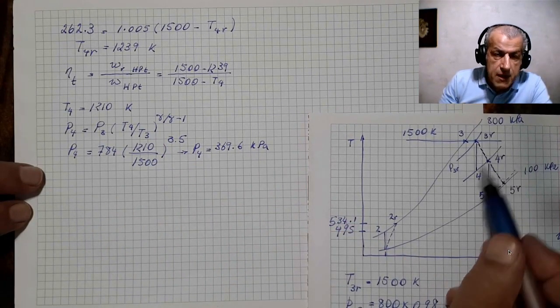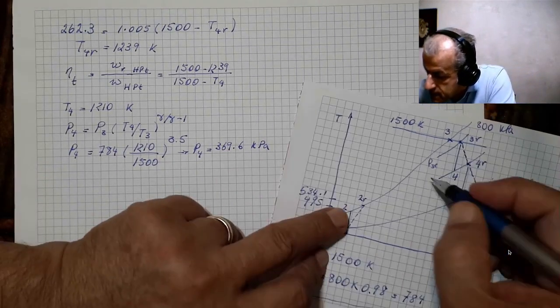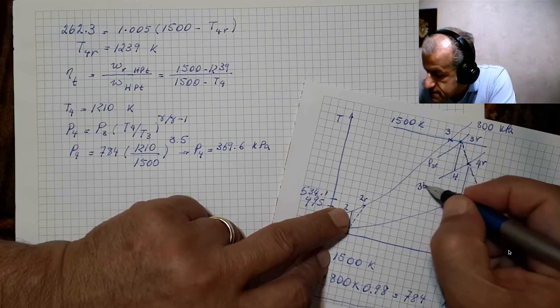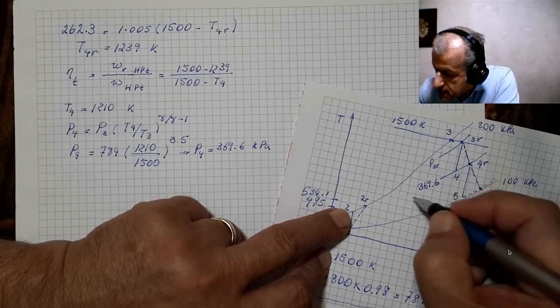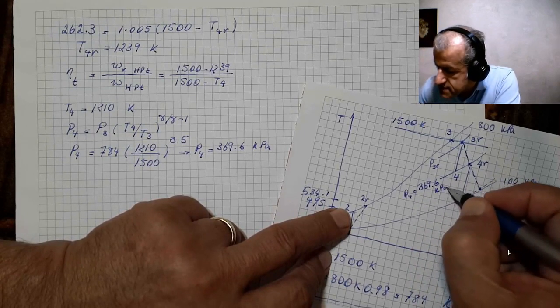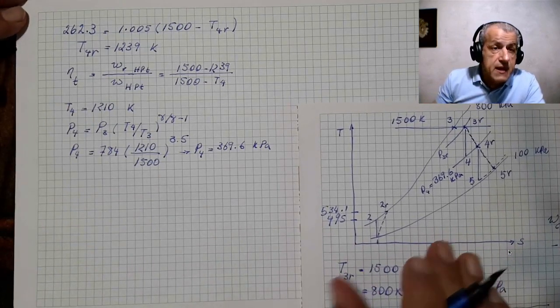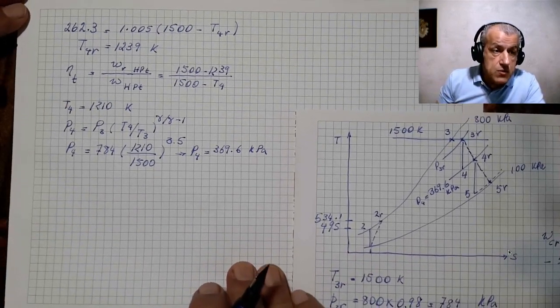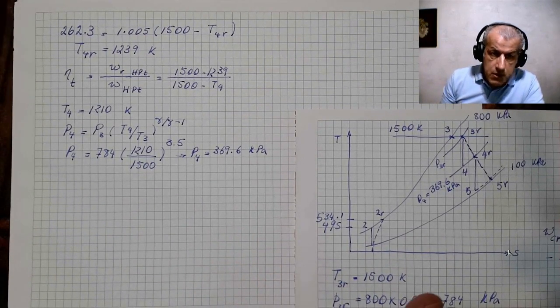P4R is the same pressure and equals 369.6 kilopascals. That's in fact the intermediate pressure between the two turbines. Now we know what this is.